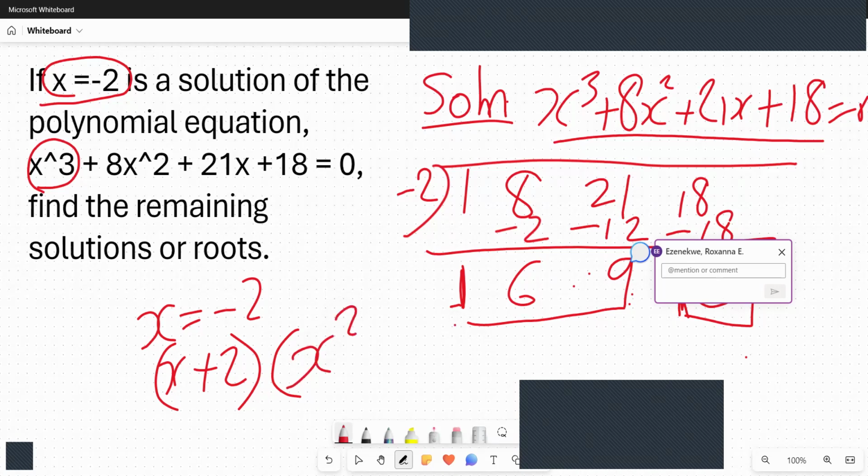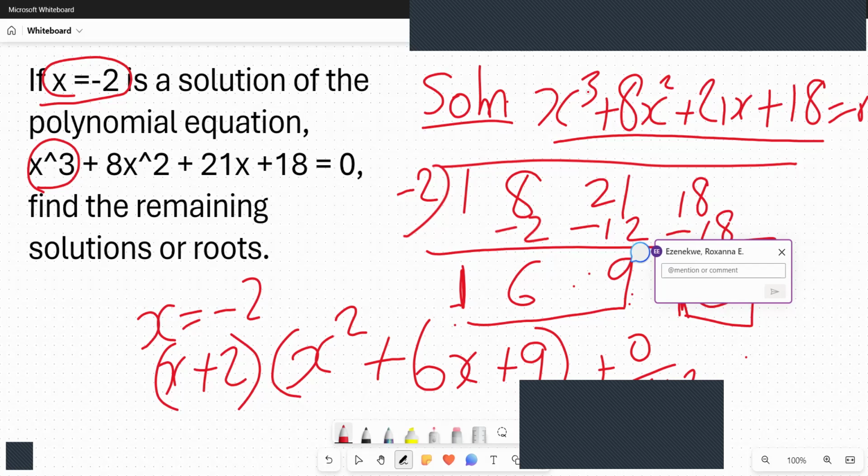So I have x squared plus 6x plus 9 as the quotient, with a remainder of 0 over x plus 2.